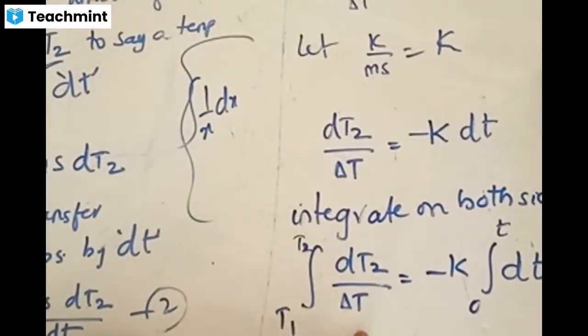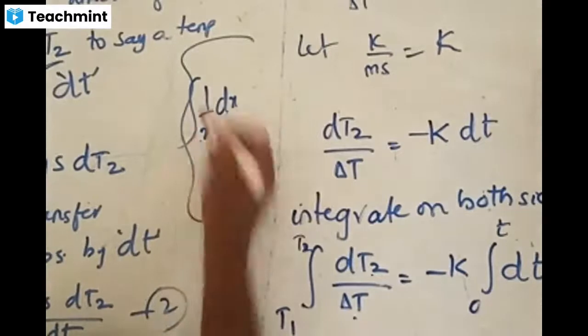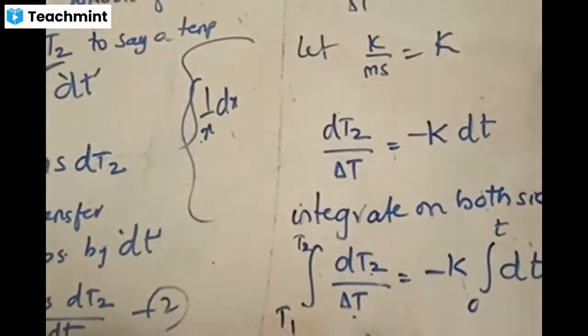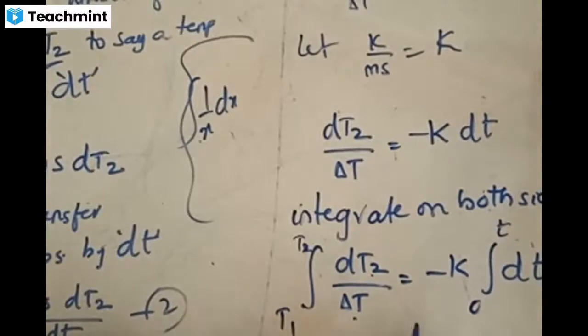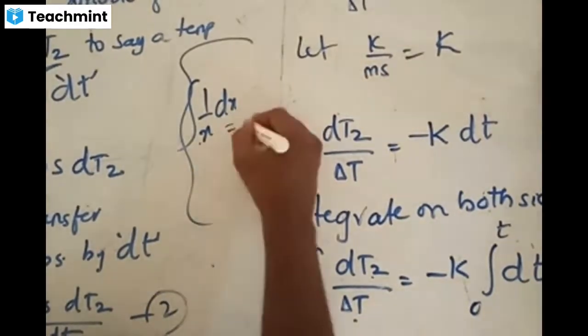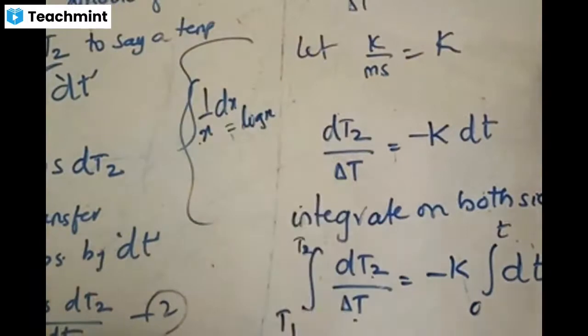This is temperature and differential temperature. Do you remember that formula? You should remember these formulas which have been done in SEM 1. Integration of 1 by x dx is equal to log x.